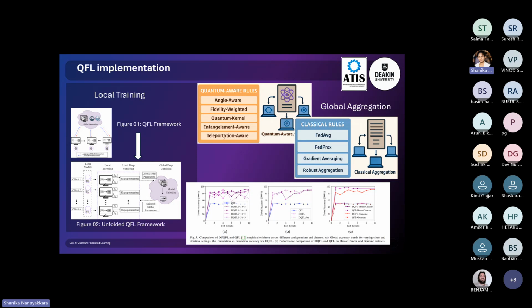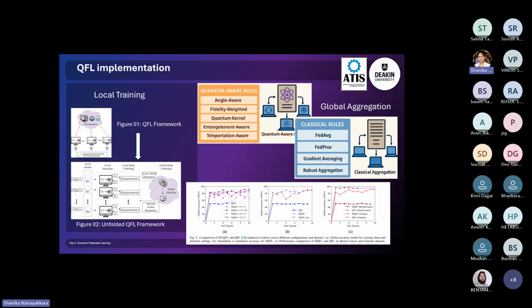Another option is teleportation-aware, where you use teleportation mechanics. These are not established yet, but I wanted to show them because you may think of them from different research perspectives. These rules respect the physics of quantum systems, so they aggregate the quantum parameters correctly. That's why we are using them in our research.